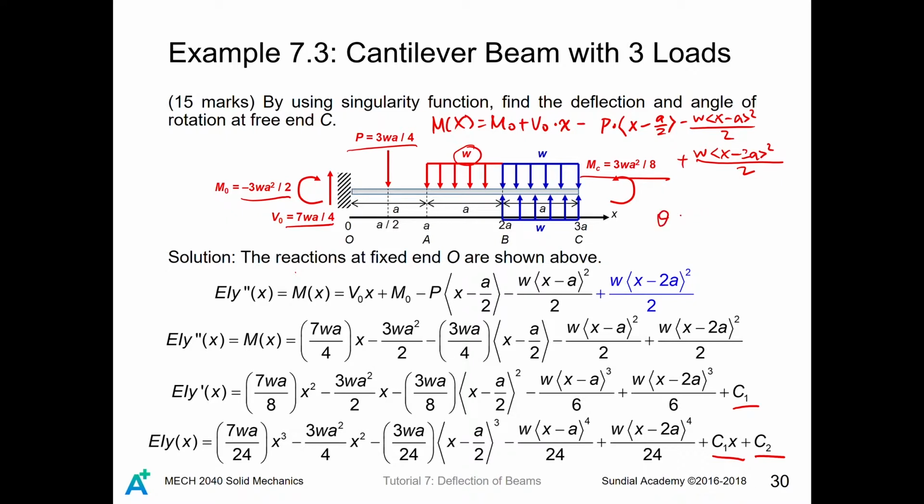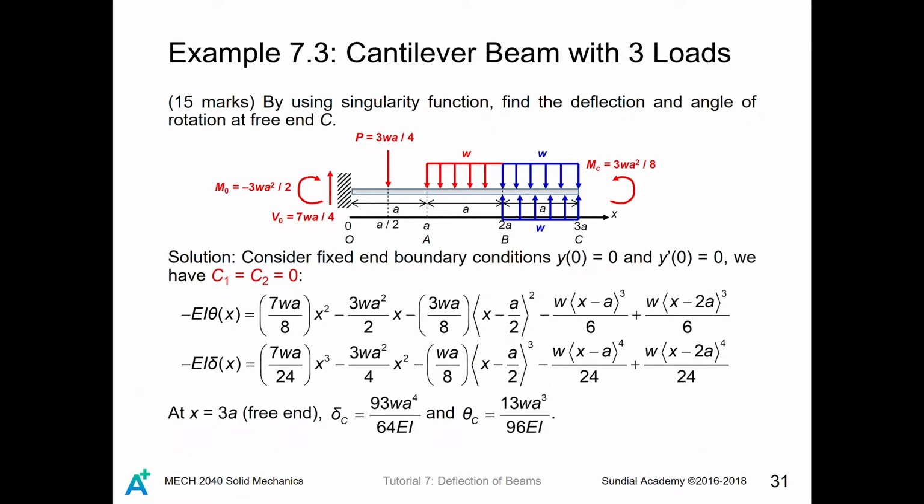Finally, by our sign convention, we can write theta x equals to minus y prime x, delta x equals to minus y x. So for those two equations, we can finally write it in this term.